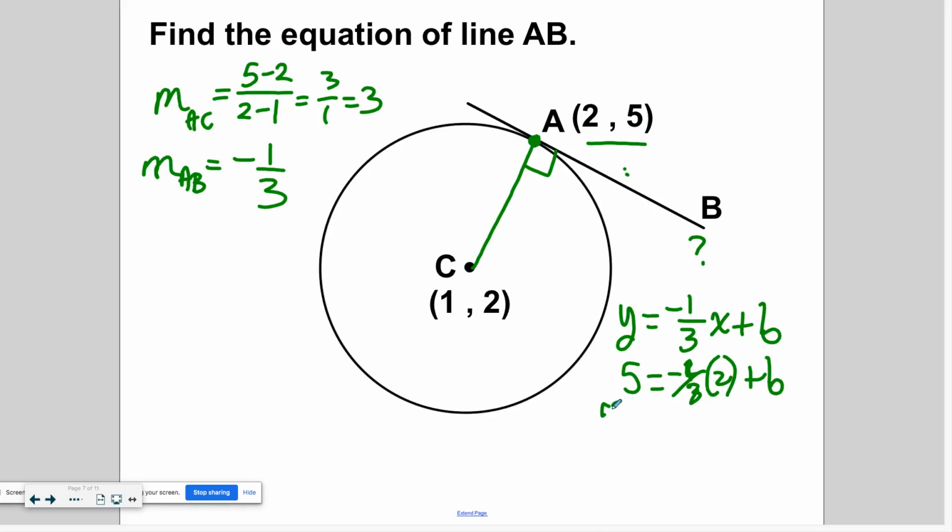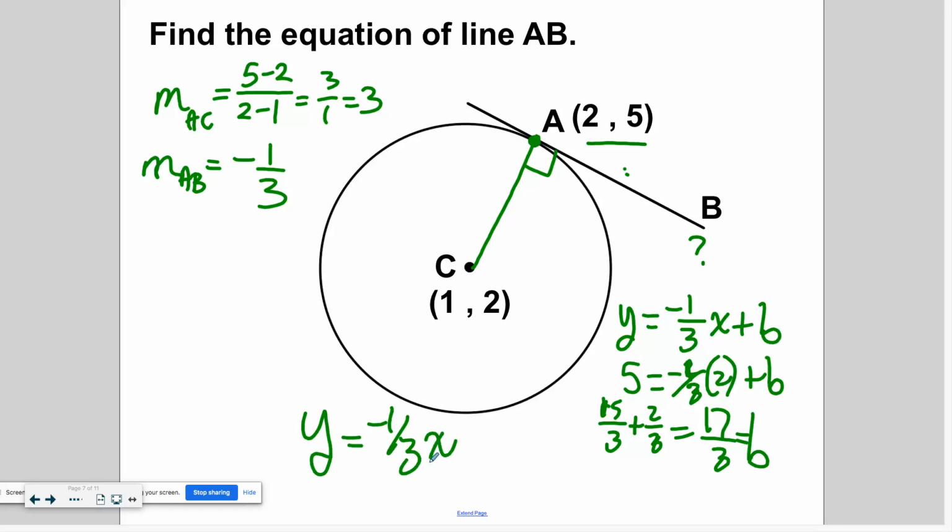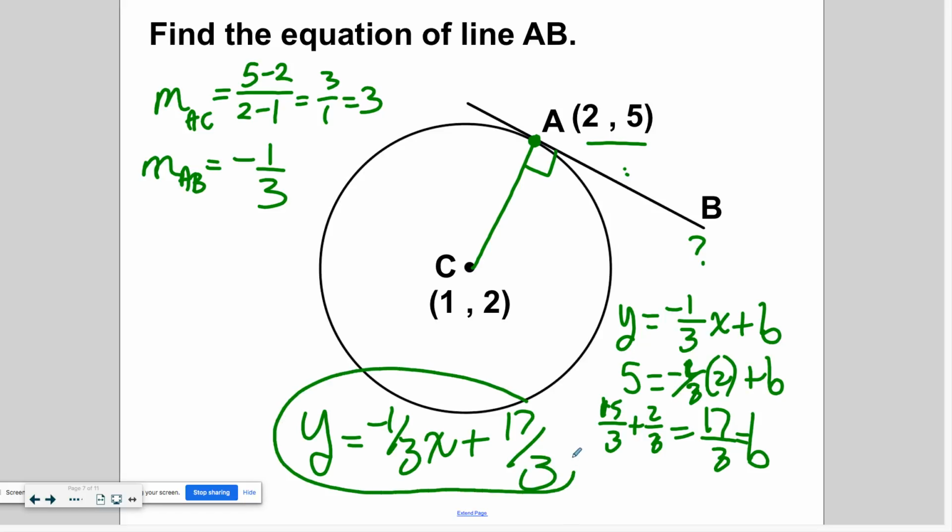Add it over here. We got 15/3 plus 2/3. So 17/3 is my y-intercept. 17/3. So down here I'll write the final equation. There it is. That would be the equation of the tangent line.